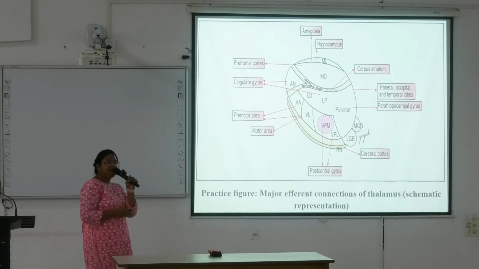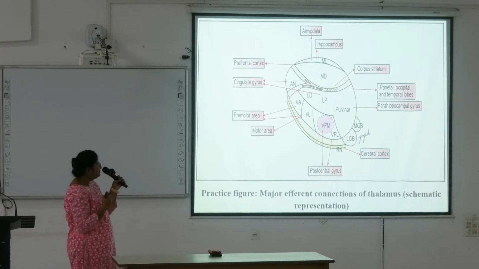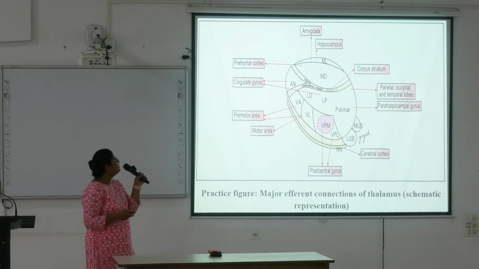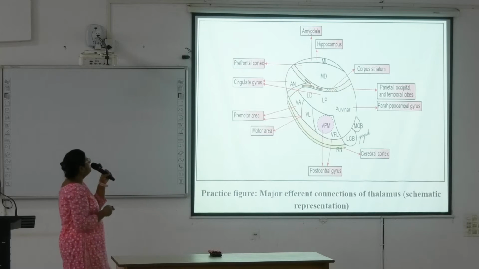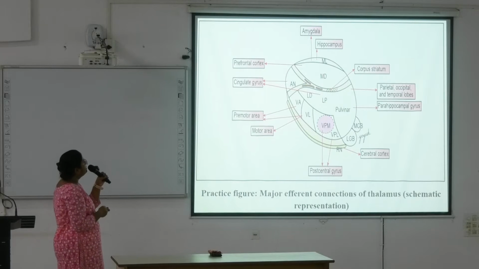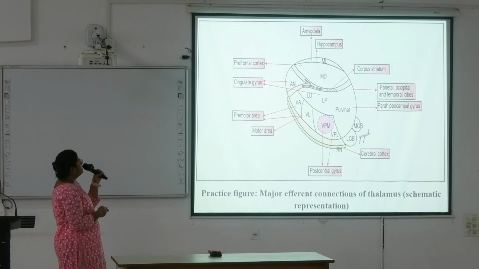Next we go to efferent connection. From the thalamus, the stimulation is going to which areas? So from mediodorsal, it is going to amygdala and hippocampus. From mediodorsal, prefrontal cortex. From here, anterior nucleus and lateral posterior to cingulate gyrus.